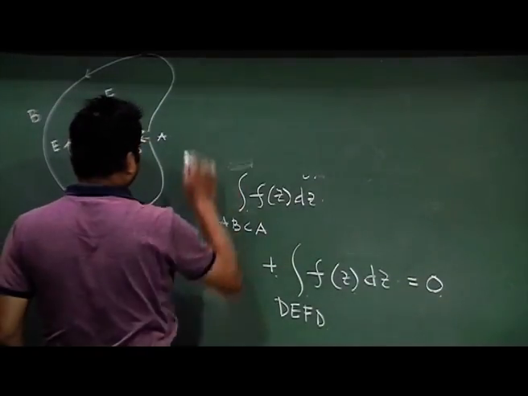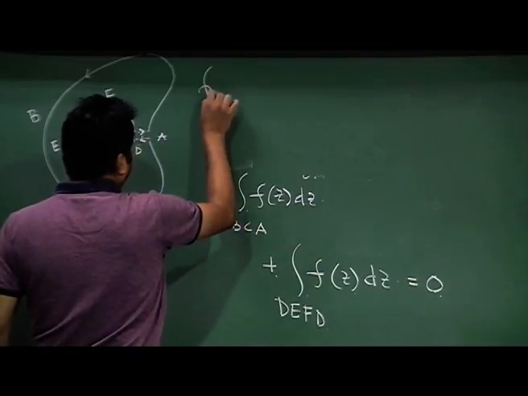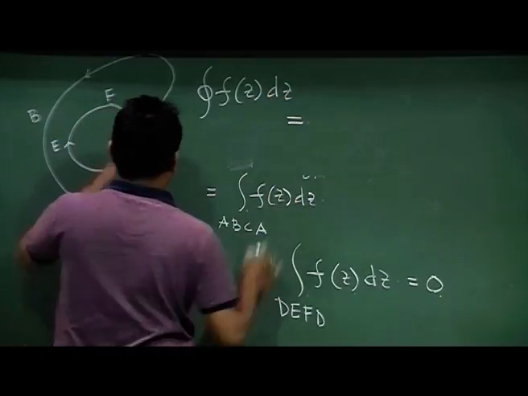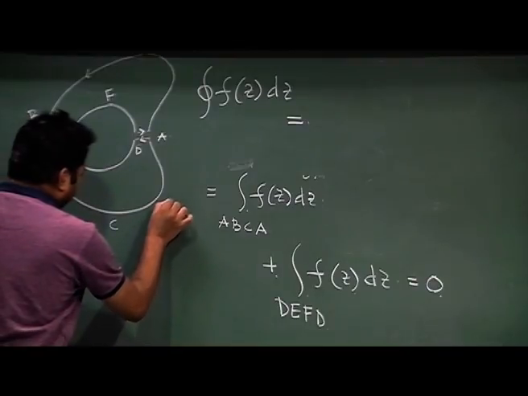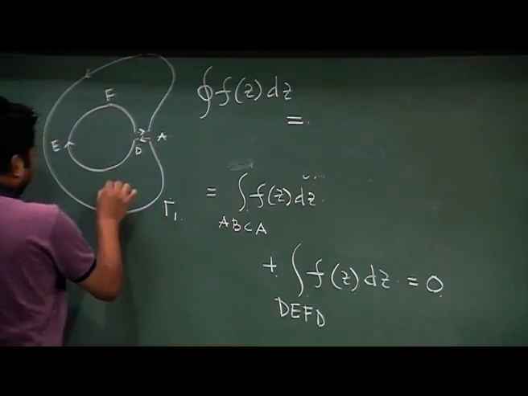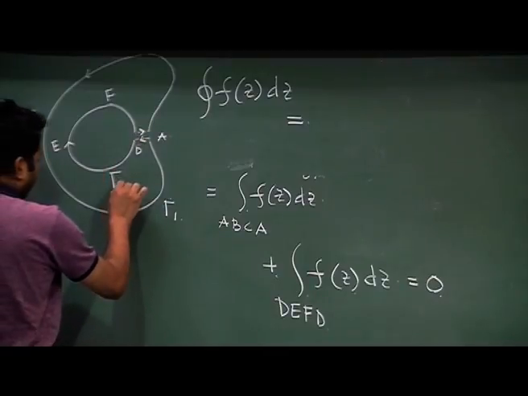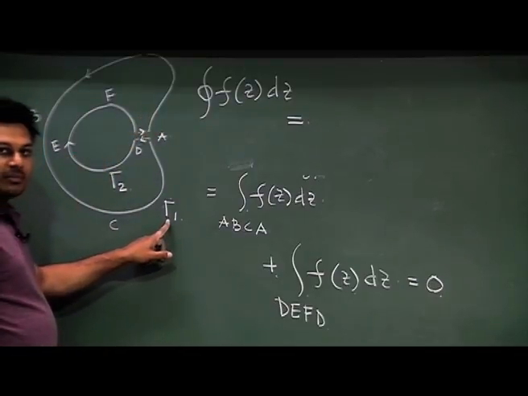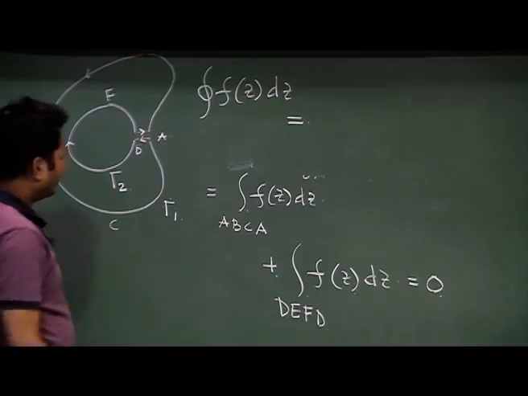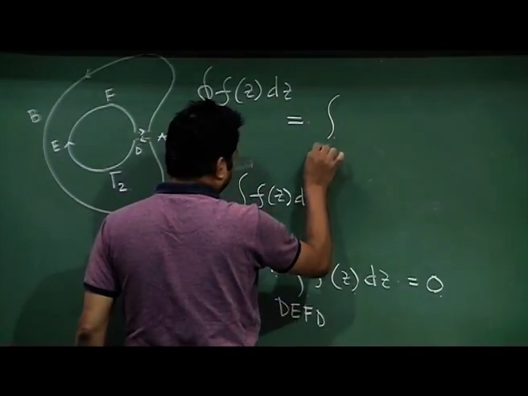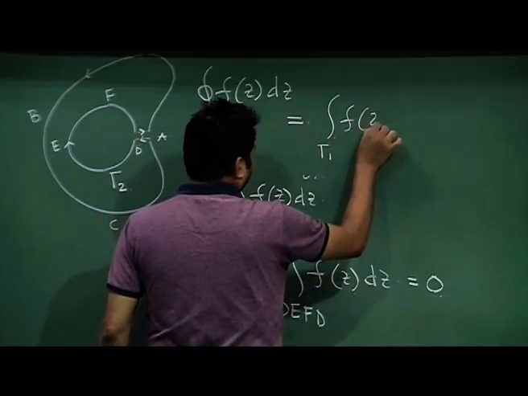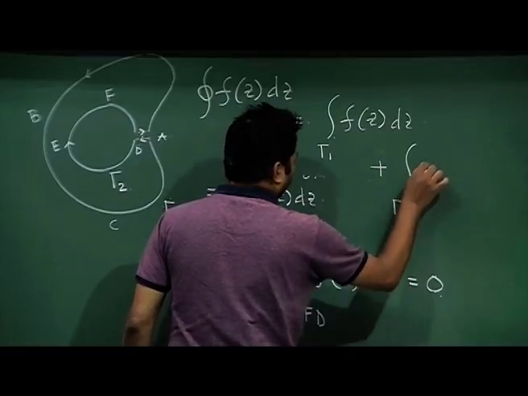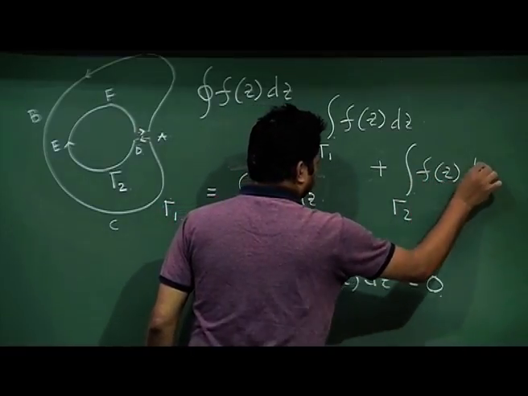So, that means total f(z) dz is for this circle. If I say this circle is gamma 1 and this circle, circle means this closed region, gamma 2, I should not say circle. So, this closed region I say gamma 1, this closed region I say gamma 2. So, this quantity is the integral over gamma 1 of f(z) dz plus the integral over gamma 2 of f(z) dz.